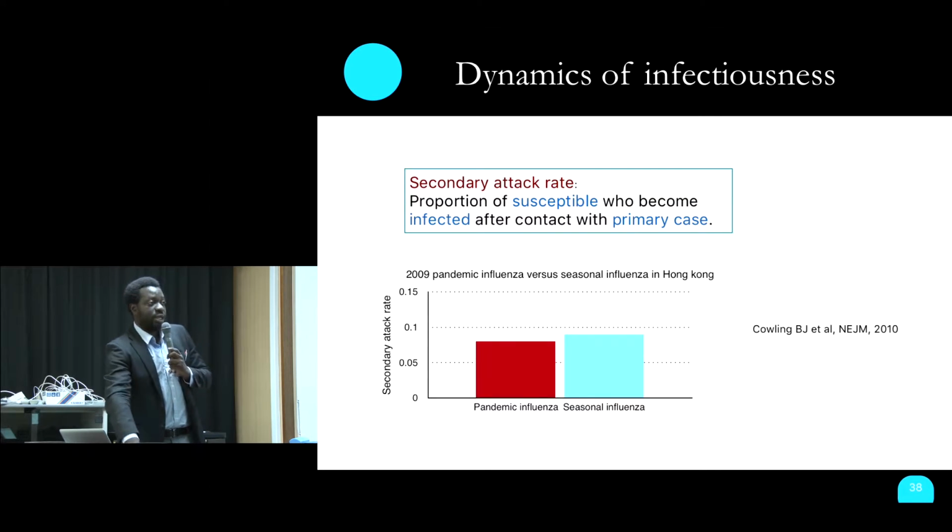This is called the secondary attack rate. This is just an example. In the 2009 pandemic influenza, they were comparing the attack rate between the pandemic influenza and the seasonal influenza. They found that within households, the secondary attack rates of both conditions were almost similar.